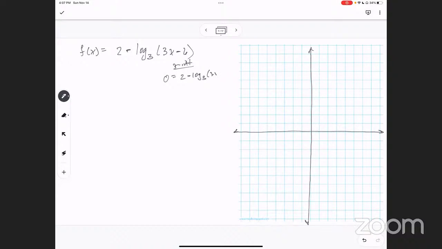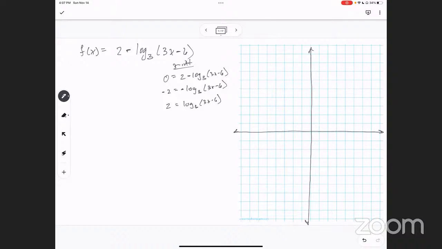Okay. And we can subtract 2 from both sides. Okay. Negative 2 equals negative log base 3 of 3x minus 6. And then that would just be 2 equals log base 3 of 3x minus 6.